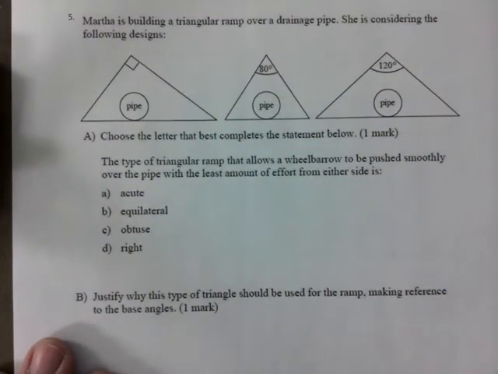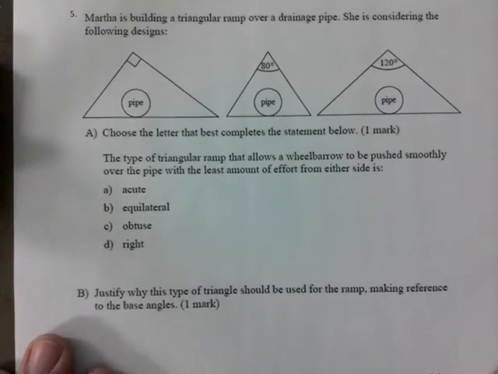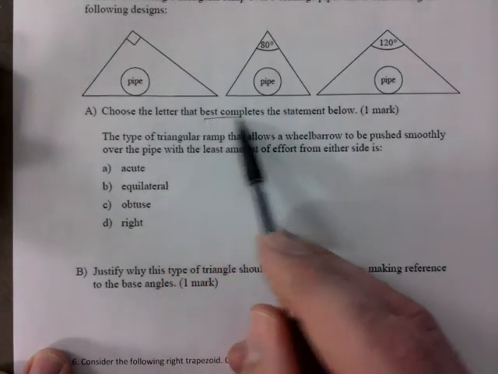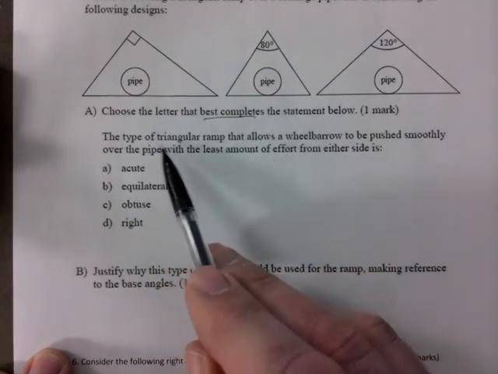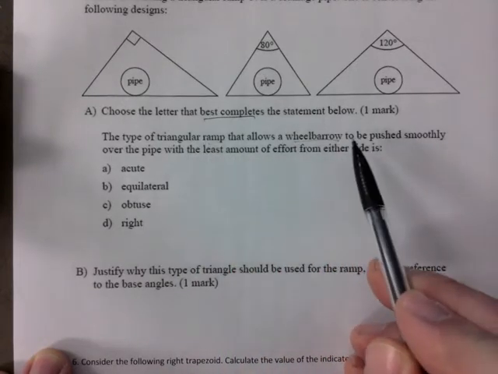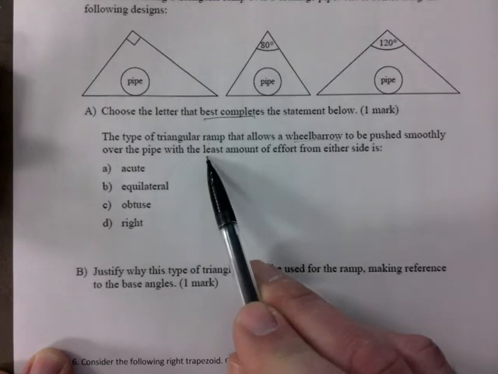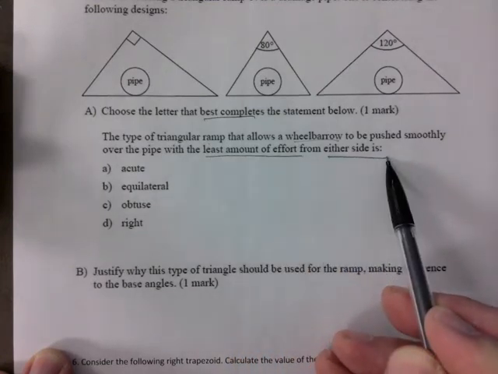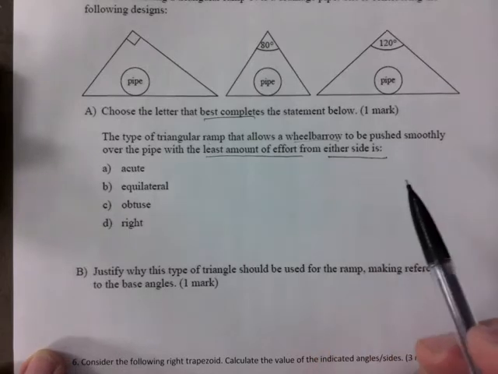No math whatsoever. Martha is building a triangular ramp over a drainage pipe. She's considering the following designs. Choose the letter that best completes the statement below. The type of triangular ramp that allows a wheelbarrow to be pushed smoothly over the pipe with the least amount of effort from either side is, yeah, obtuse.